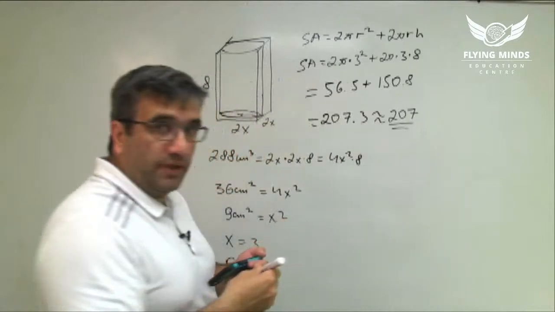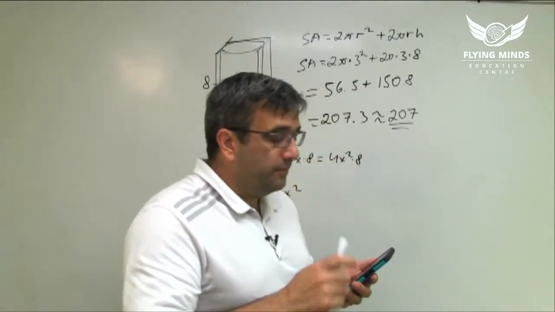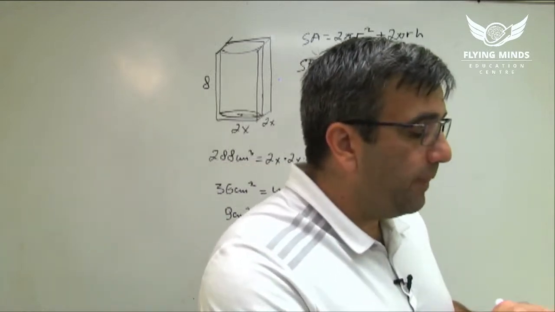So the surface area of the cylinder is 207.